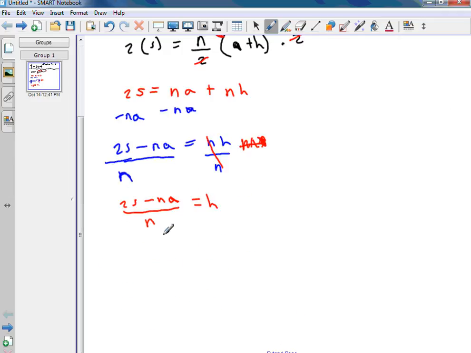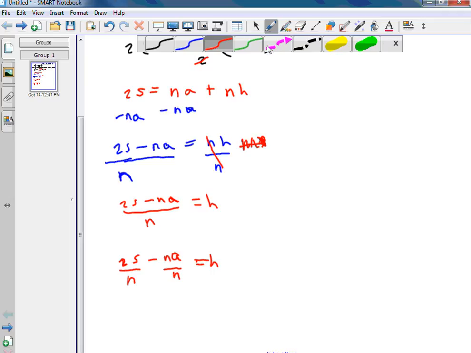And what they needed to do is say, I'm dividing both terms by n. So what I end up having is this becomes 2 times s. The 2 was a little bit tough to make here, I think, because then they're minus n a over n over n, which equals h.